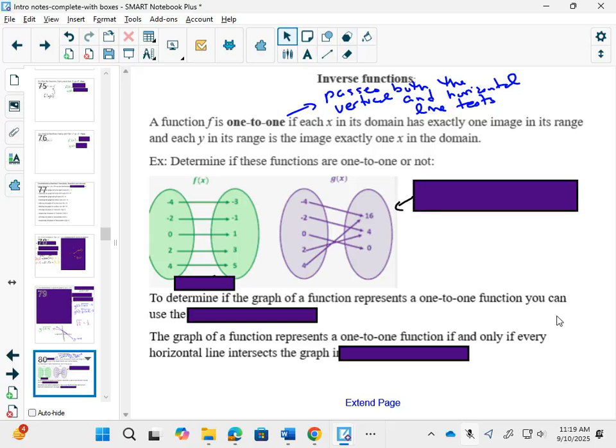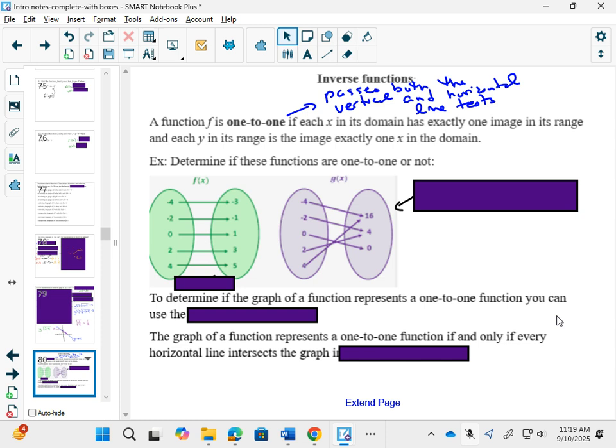So if something doesn't pass a horizontal line test in the original one, when you switch x and y, horizontal lines become vertical lines, and then it won't pass a vertical line test, and your inverse won't be a function. You can still find the inverse, but your inverse will be a relation and not a function. So the idea of something being one-to-one is nice because then it makes your inverse a function as well.